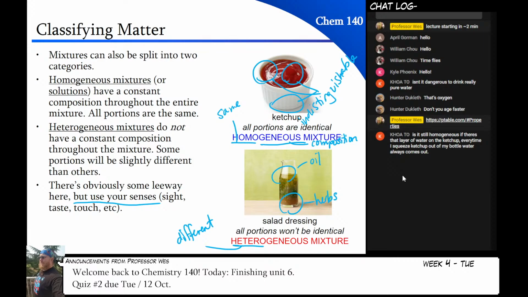So I'm going to ask you questions on quiz number 3 about homogeneous versus heterogeneous. And what you will have to do is look at it and interpret, okay, what's the intended state of this? For instance, if I gave you water with sand in it, you can imagine, oh, okay, I have sandy water. It's kind of like floating around. But there's probably not going to be the same amount of sand everywhere because it likes to settle out to the bottom.